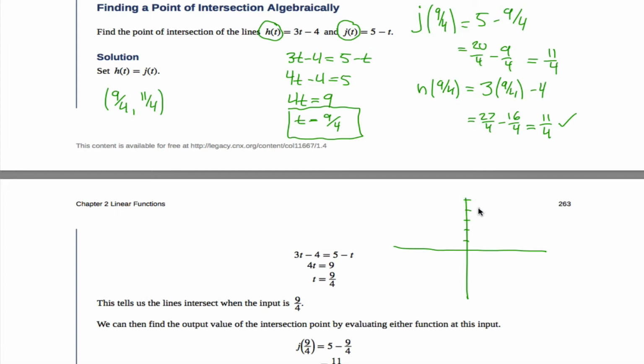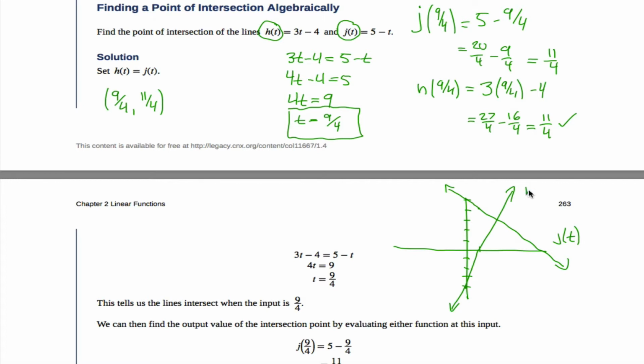So I go down 1 every time I go over 1. You end up with a graph that looks something like this for j of t. And for h of t, I got 3t minus 4, so the y-intercept is negative 4, and the slope is 3. So I go up 3 every time I go over 1, up 3 over 1, and I get a line that looks something like this.